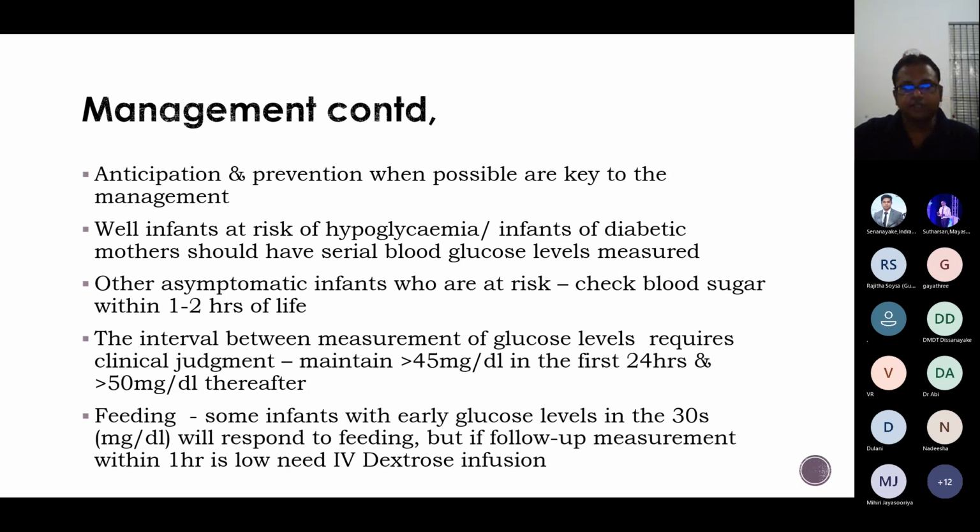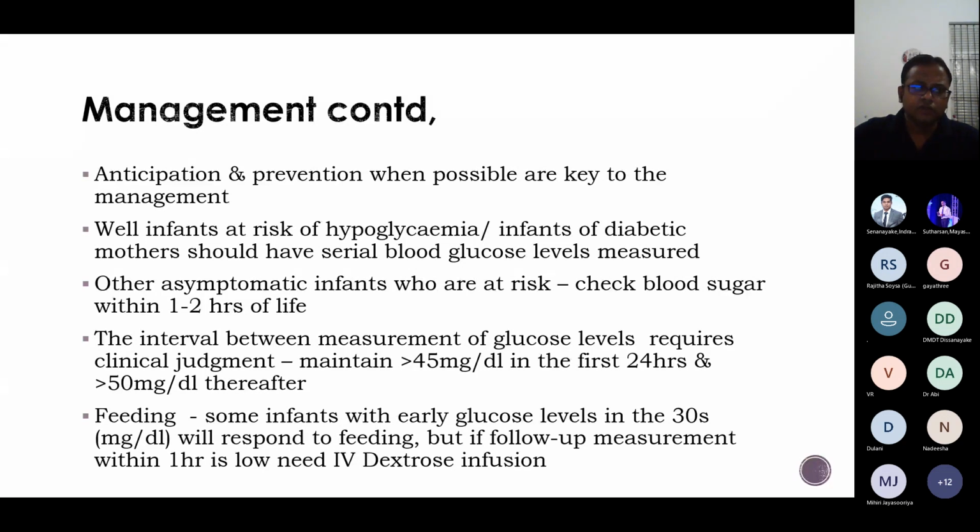Prior to the next feed, you take that sample, and if it is more than 45, then you can repeat another pre-feed one. If both are more than 45, then you can stop monitoring, right?